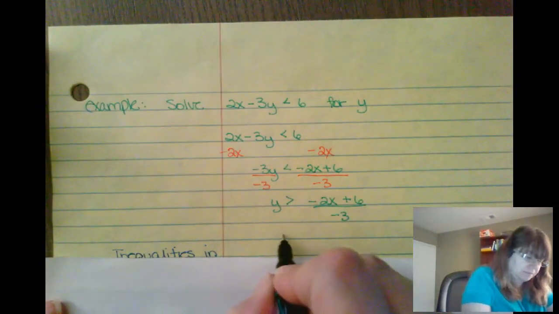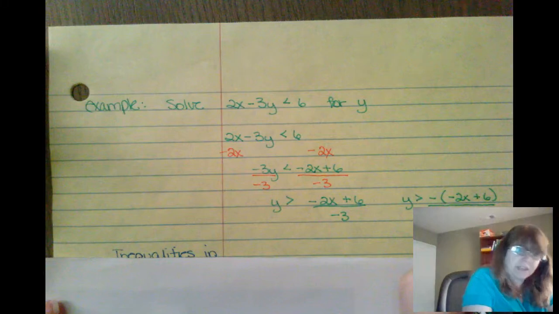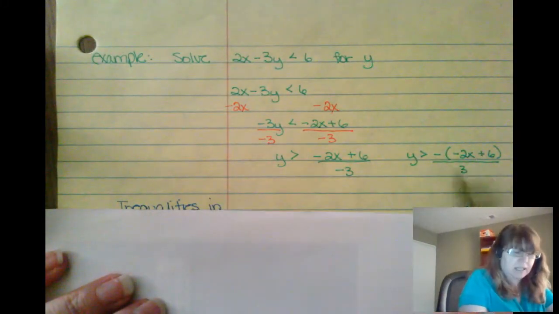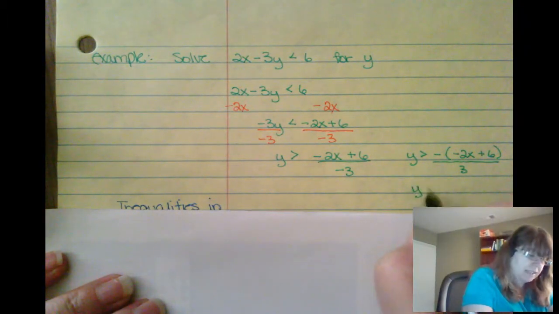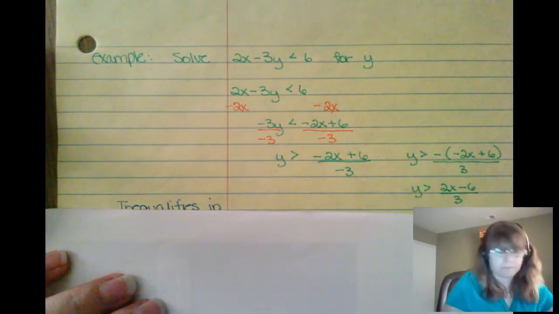In essence, y is greater than negative 2x plus 6 all over 3. And I'm going to distribute the negative across the quantity negative 2x plus 6. So y is greater than 2x minus 6 all over 3. And I've solved it for y. Okay.